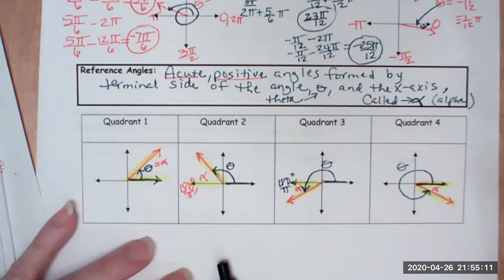But we're going to be learning about that more when we get to section 7.3, where we're going to be looking at calculating sine, cosine, and tangent of angles on the unit circle. Okay?